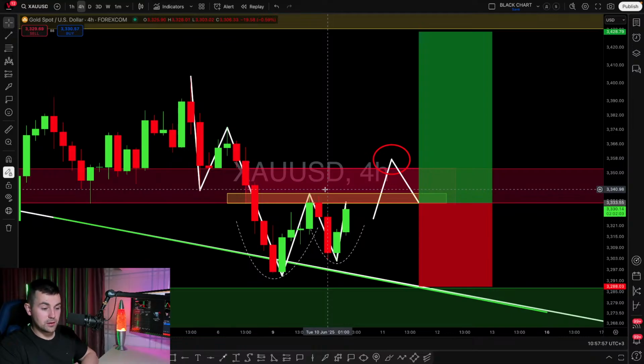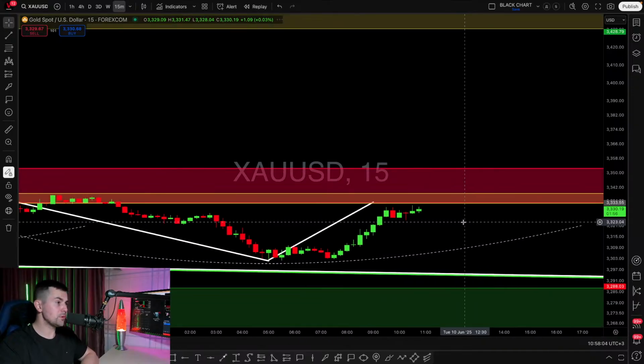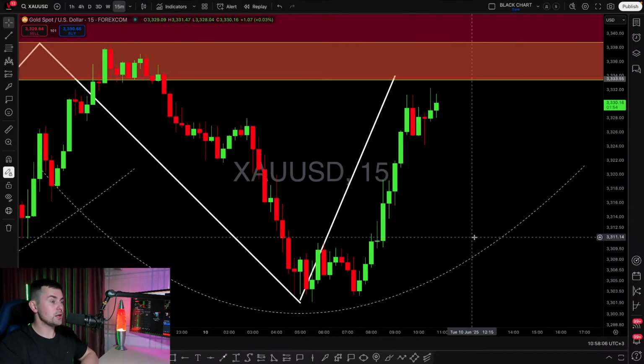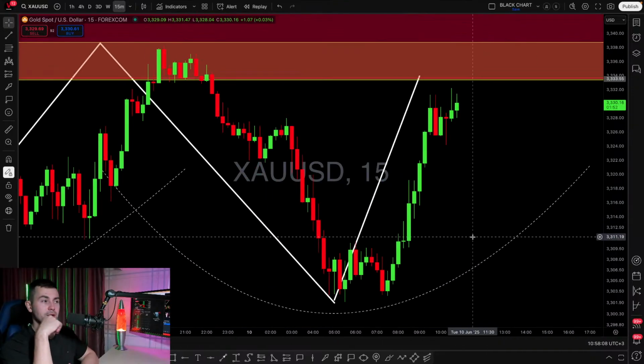Radu says on 15 minutes time frame, head and shoulders forming. Let's check. But remember that for swing trading, 15 minutes time frame analysis is, in my view, not that reliable. From the swing trading perspective, 15 minutes time frame is the time frame where there is so much noise and so many irrelevant signals.